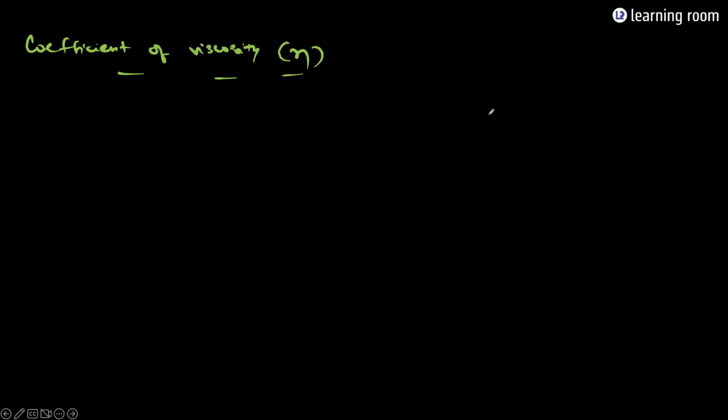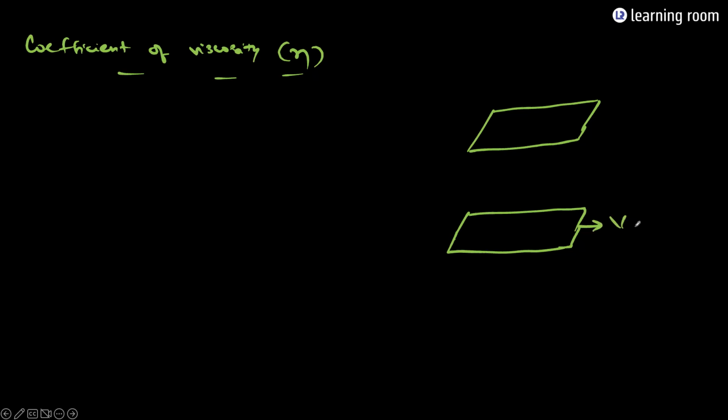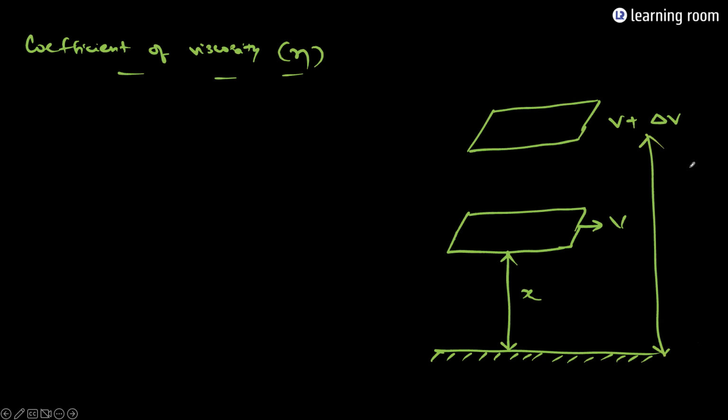Now, if I consider two layers of this sort, in such a way that the speed of the bottom layer is V and the speed of the layer above is V plus delta V, and let me say this is the fixed surface. So if I take this height to be X and the height above to be X plus delta X, I hope you're able to understand this. Then the difference between these two layers is going to be delta X, right?